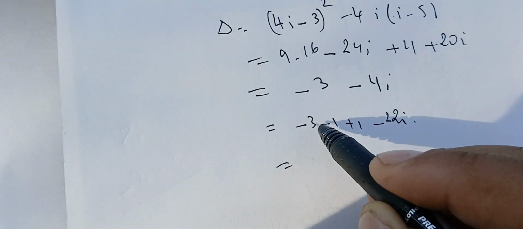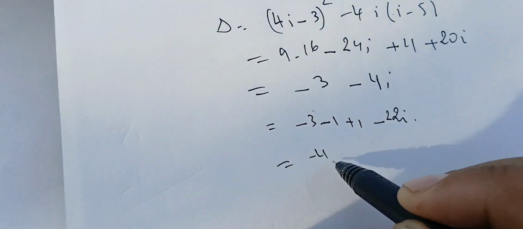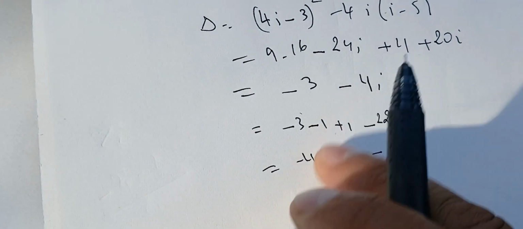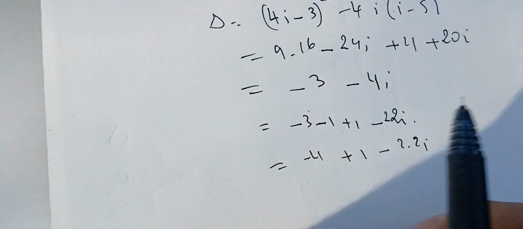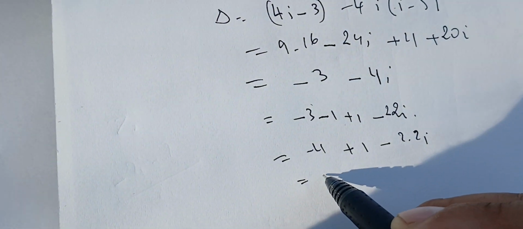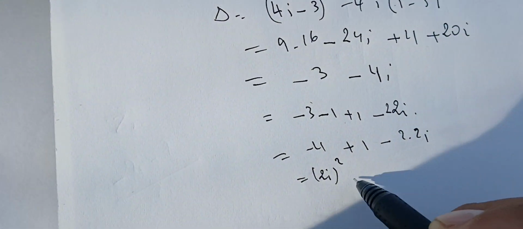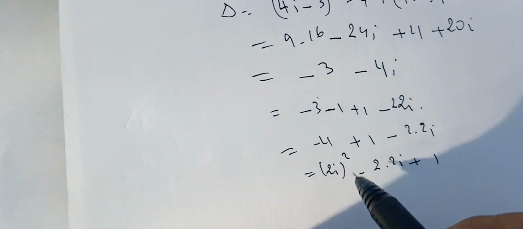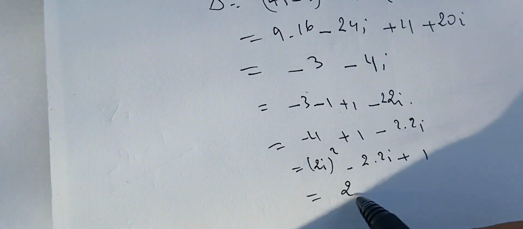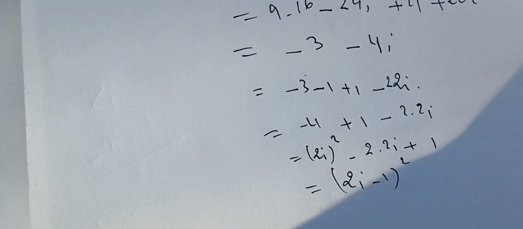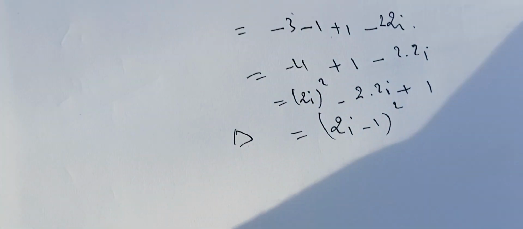So here we have minus 4 plus 1 minus 2 times 2i. I'm just trying to teach you sometimes how to get the square. So minus 4 is (2i) squared, minus 2 times 2i plus 1. So we can write this one as (2i minus 1) squared. So this is our delta.